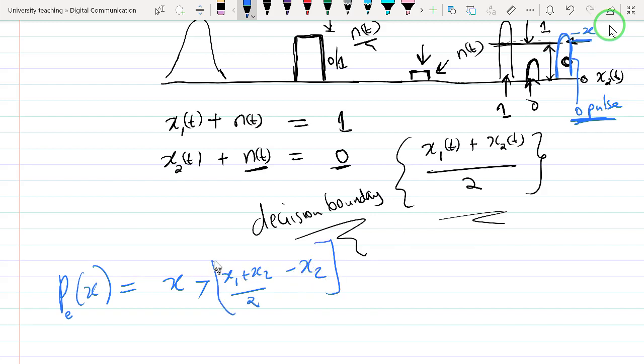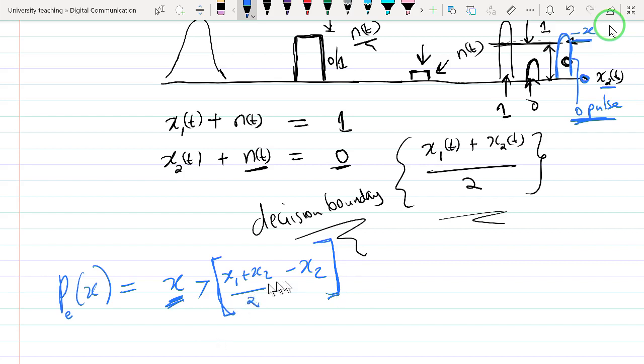Remember that x2 may not always be 0, it might be negative 5. So this formula says that when our value of the received pulse is bigger than a given range, and yet we know it should be representing our x2, then we classify that to be the probability of error.